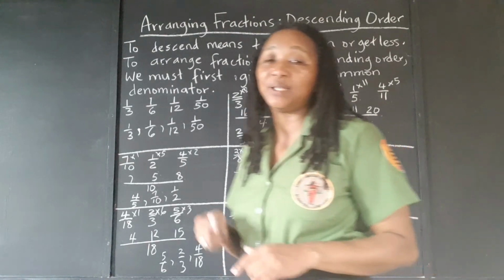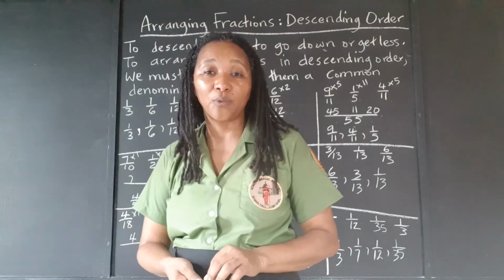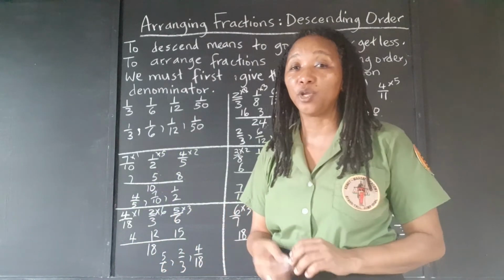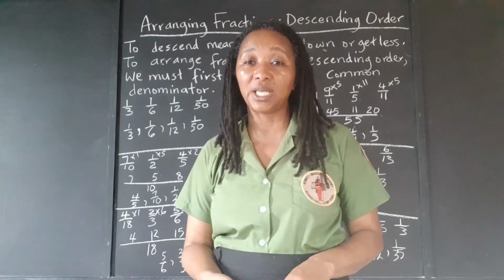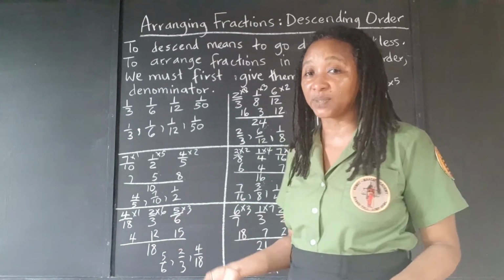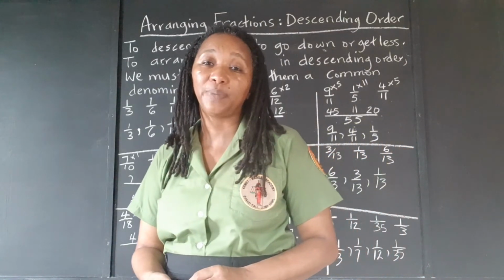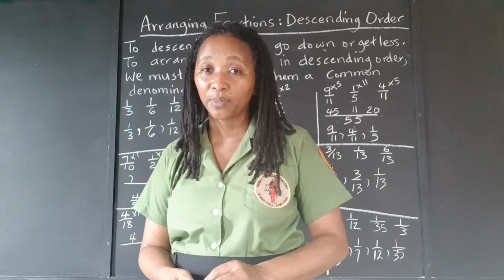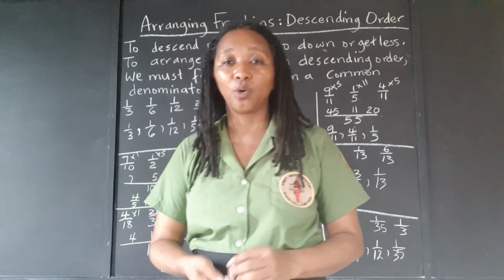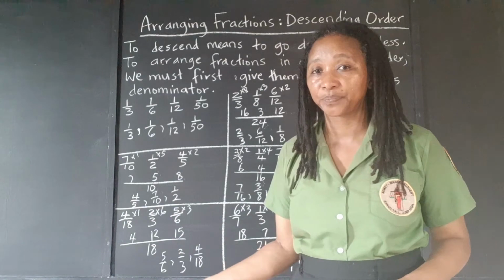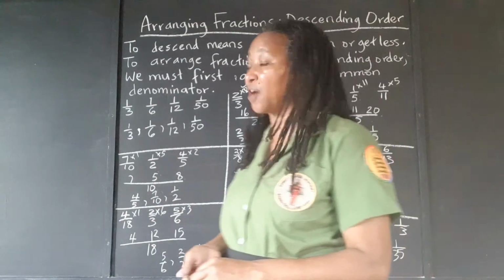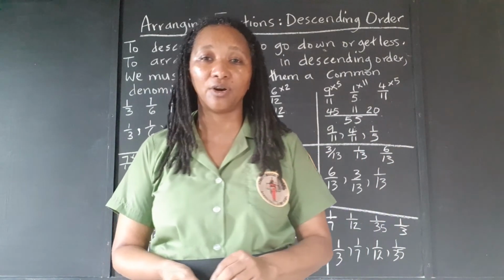When we have them with the same denominator, that's when we compare the numerators to see which is the biggest, which is the smallest. And since we were asked to place them in descending order, we start with the biggest and we go down to the smallest. Alright, so that's it for arranging fractions in descending order.